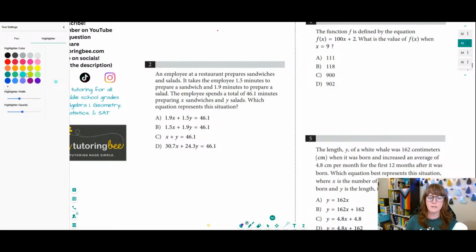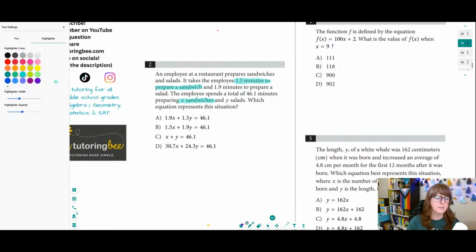We've got 2 different things that the employee is making, right? And it takes them a different amount of time to make each thing. So what I wanna highlight here is it takes 1.5 minutes to prepare a sandwich, and then down here, it tells us what variable they want us to use to represent those sandwiches.